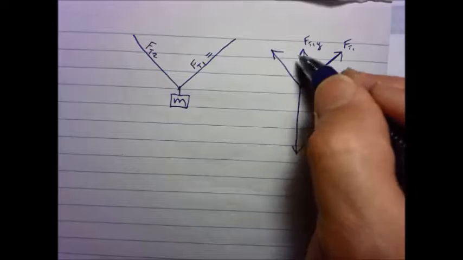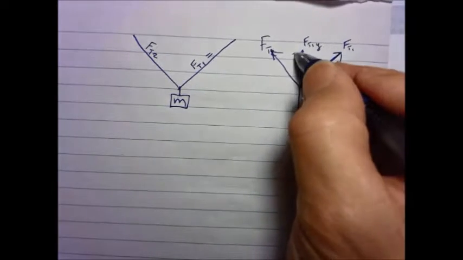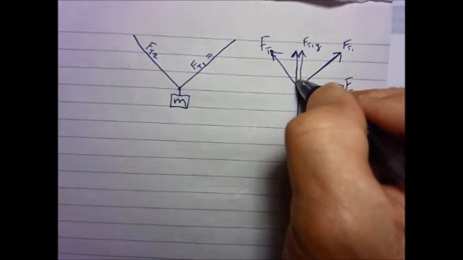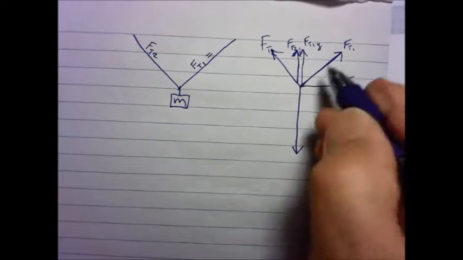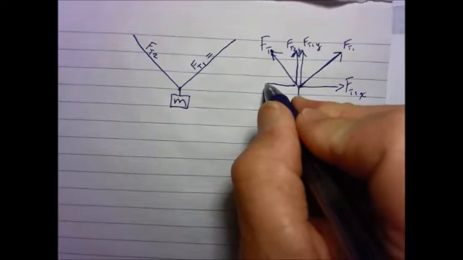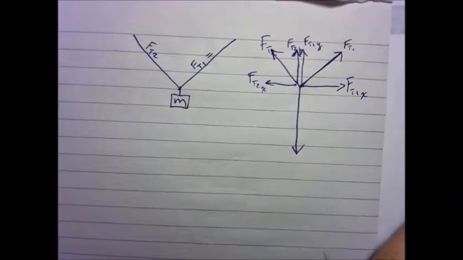Likewise, if this was the force of tension in rope number 2, there would be a force of tension 2 in the y direction, and a force of tension 2 in the x direction.